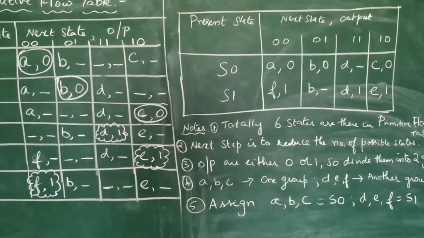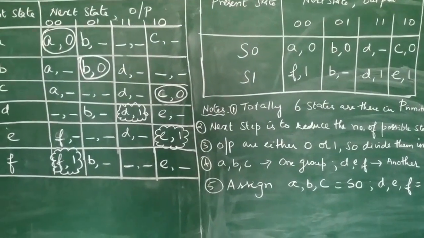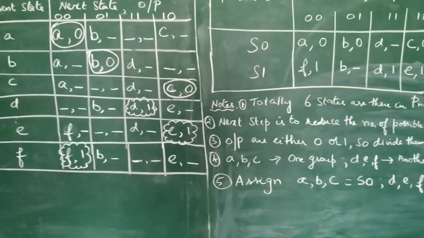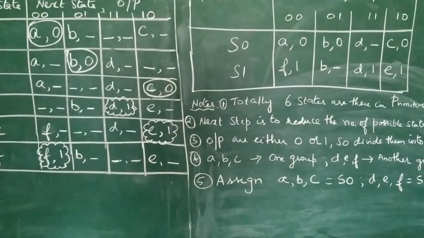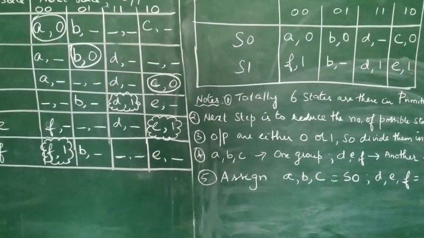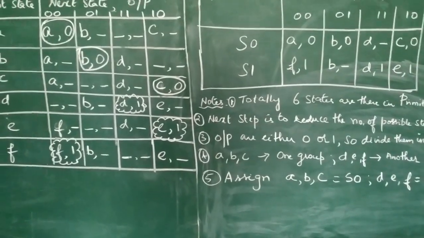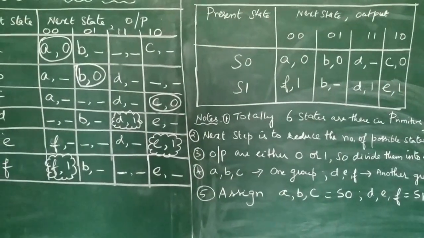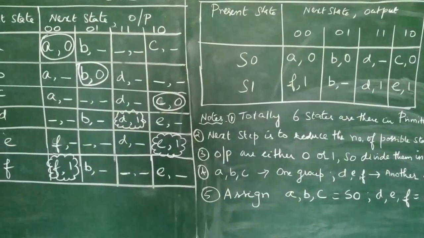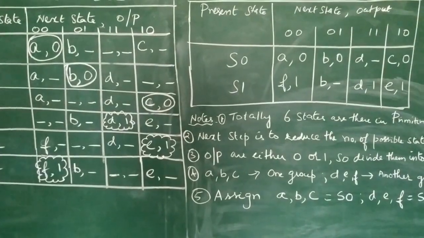For 1, 1, you write D, comma dash. D, comma 1, you cannot write, because that is a steady state value with output 1, so you cannot write that in S0. So D, comma dash. That is the one unstable state. We are writing that because we don't have a steady state in 1, 1. Next it is C, comma 0. Write that in 1, 0.